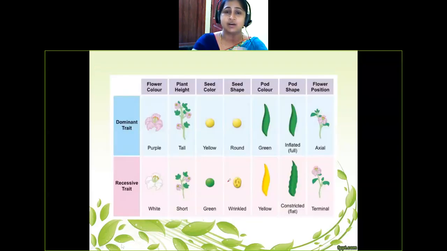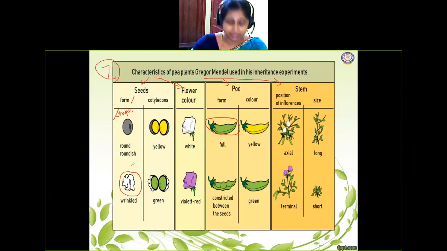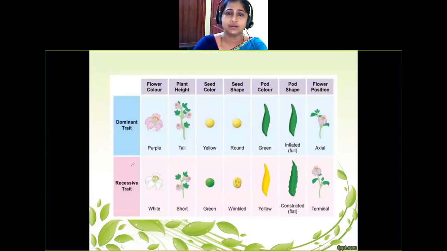In the next slide, I've explained very clearly and differentiated one as dominant, another as recessive. So you may have a doubt, what is dominant and recessive? Here I was talking about contrasting characters. Now the same thing we are categorizing in such a way that a parent of two different characters, a tall plant, is intercrossed with a dwarf plant.